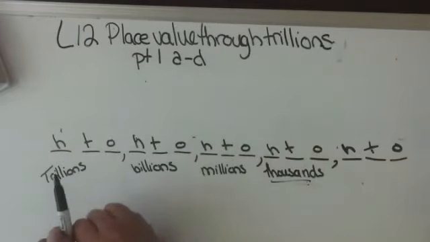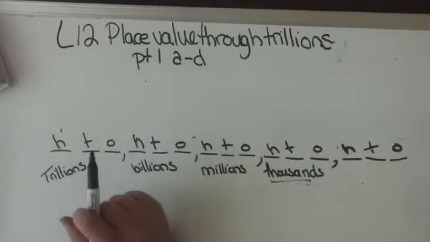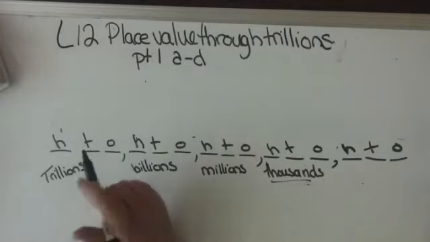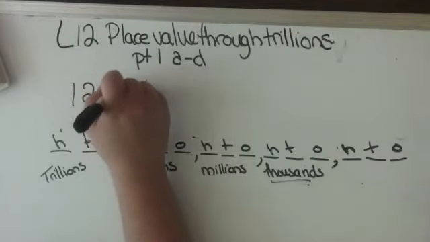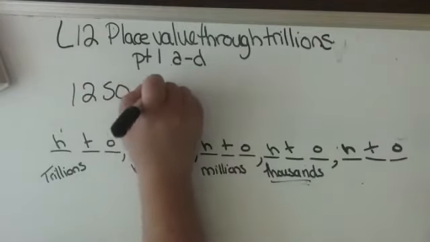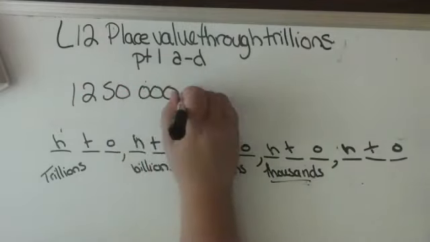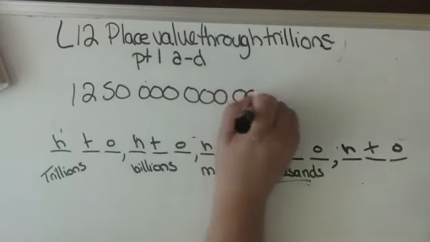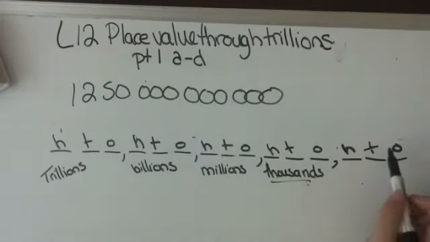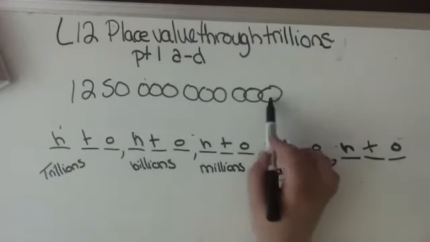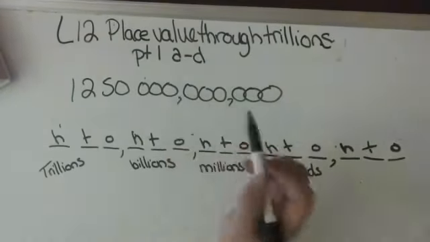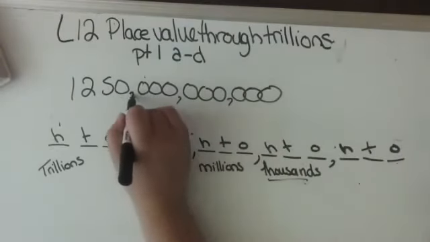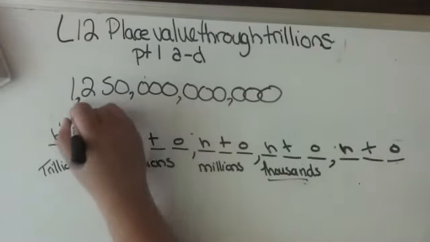Let's do another one. Let's do our counting. 3 from the back, 1, 2, 3, comma, 1, 2, 3, comma, 1, 2, 3, comma, 1, 2, 3, comma.